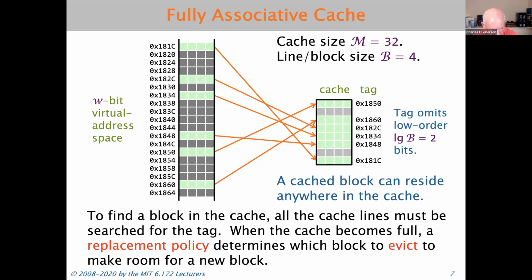Each row of the cache in this image stores 4 bytes of data, because the block size is 4.